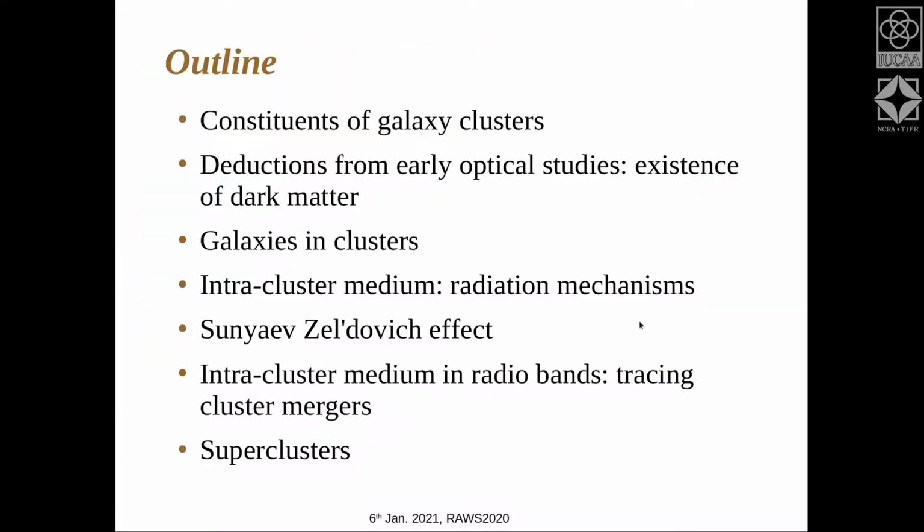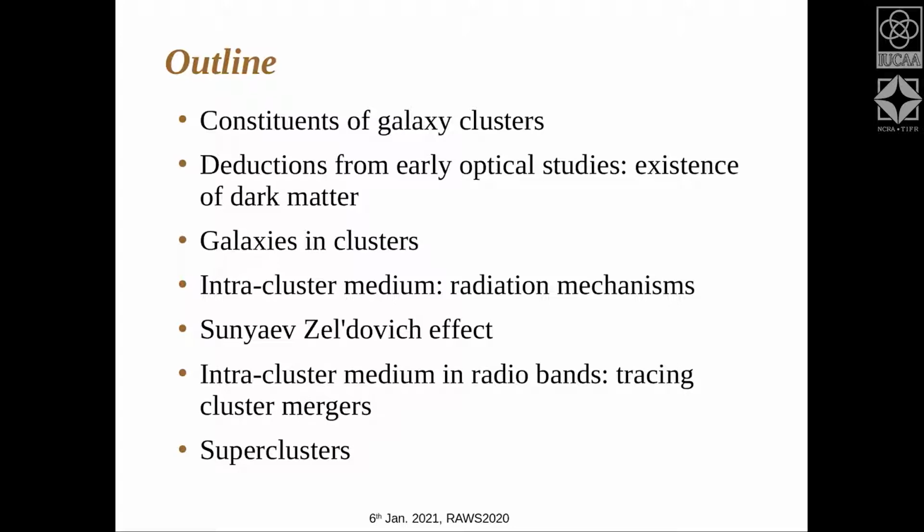So in this talk, what I'll tell you about is what are the main constituents of galaxy clusters. Then we will review how we came to know of all these components, because people did not know of all the components way back when astronomy was limited to optical studies, but those studies gave very profound inputs and deductions, which allowed all the progress that was made once other bands were accessible to astronomers.